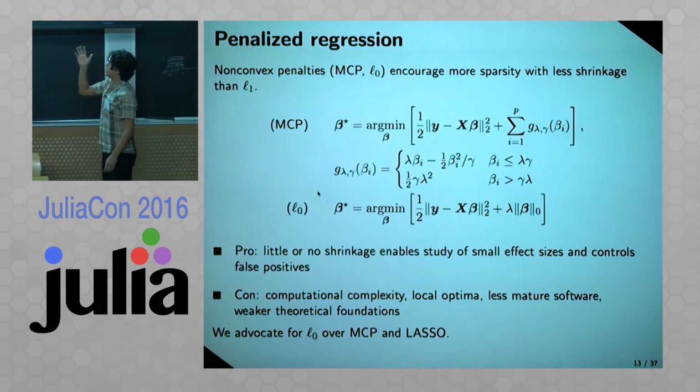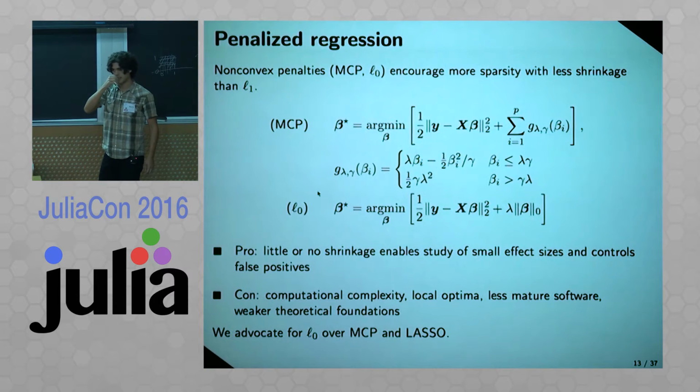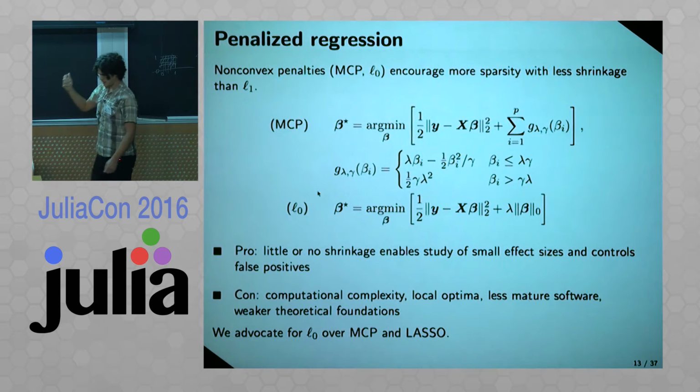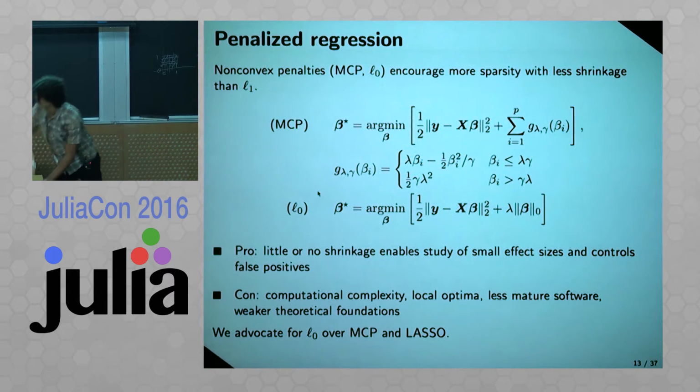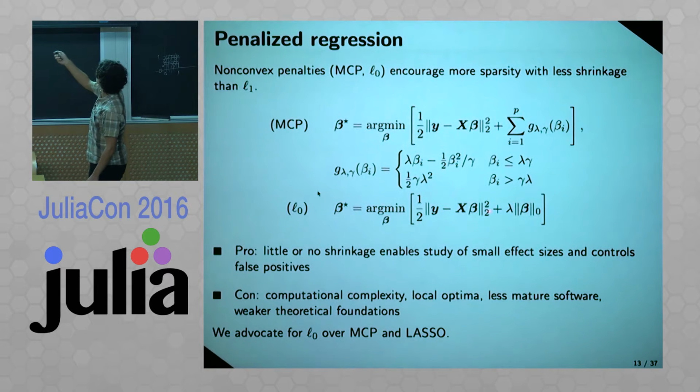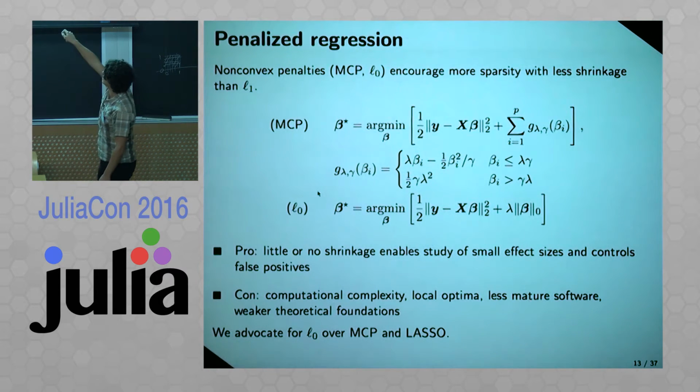One is called MCP, which stands for the minimax concave penalty. It looks formidable, but I want you to look at this part. This penalty has two parameters. If your coefficient b sub i is less than these particular parameters, then it is going to shrink based on the value of beta.